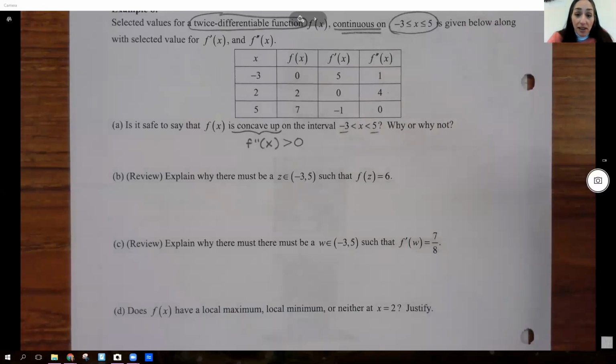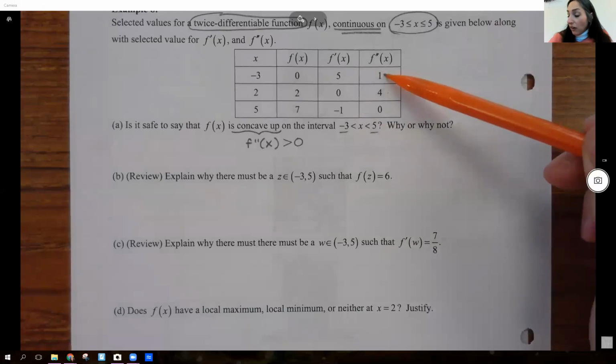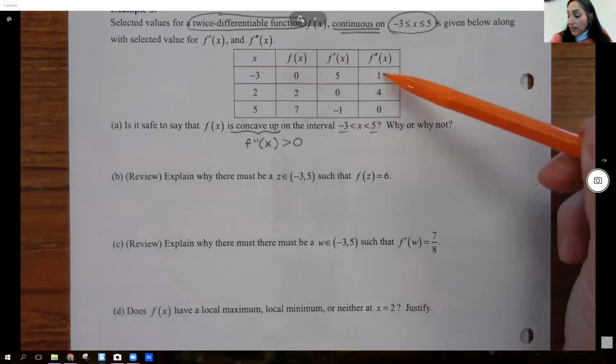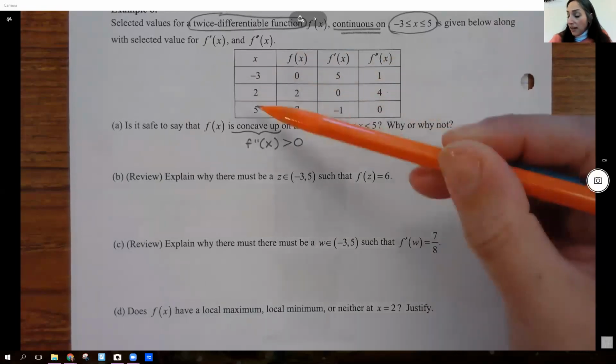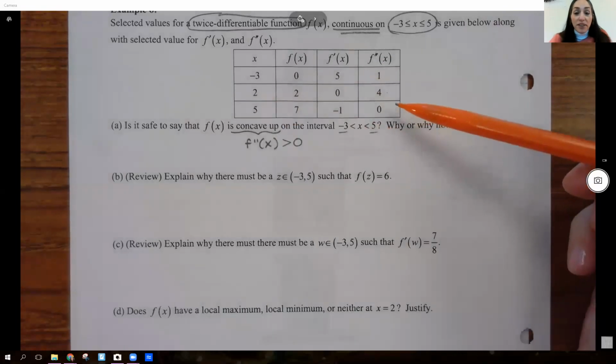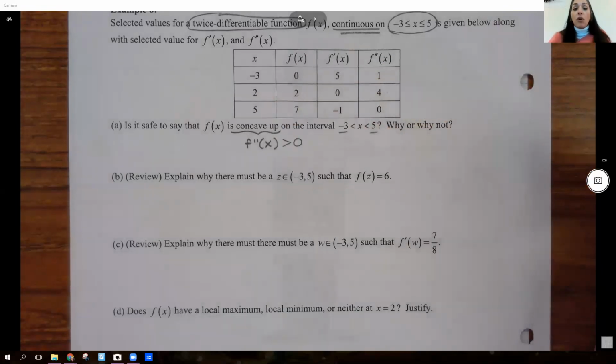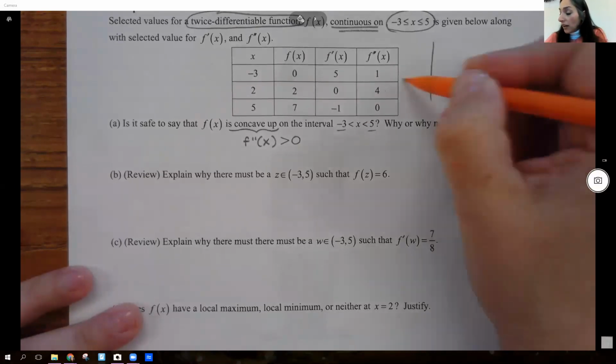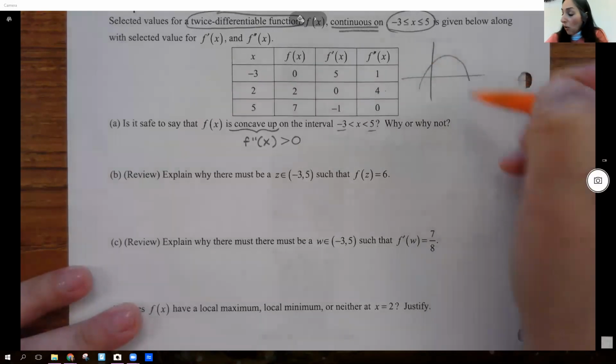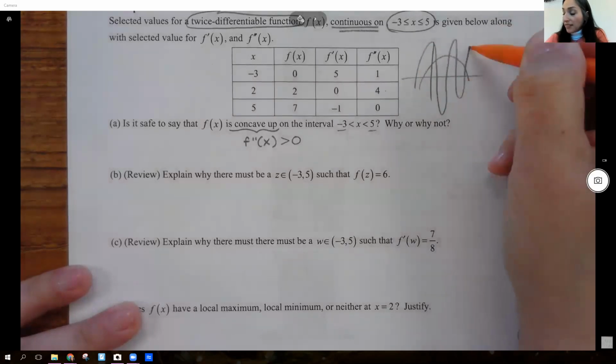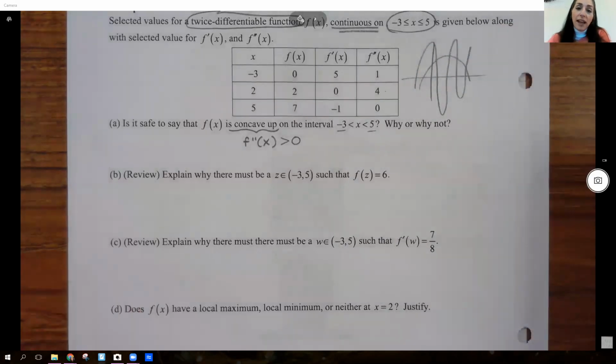Maybe it dips like 5 times. All we know is that at -3, it's this, at 2, it's this, and at 5, it's this. We know it's all connected, but we don't know how it connects. So it could go like this, or it could go like this. I mean, who knows?